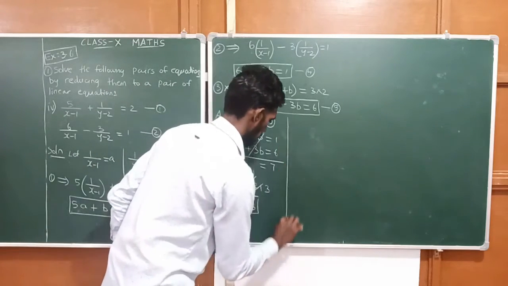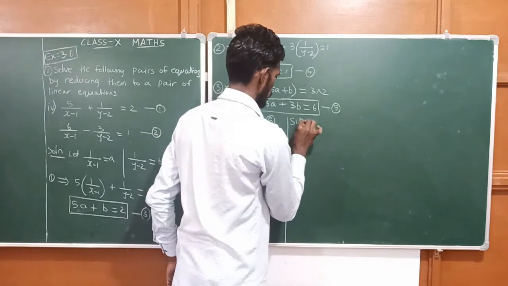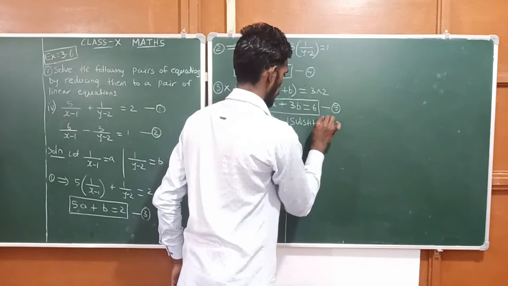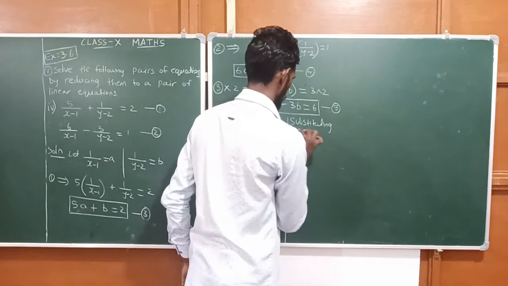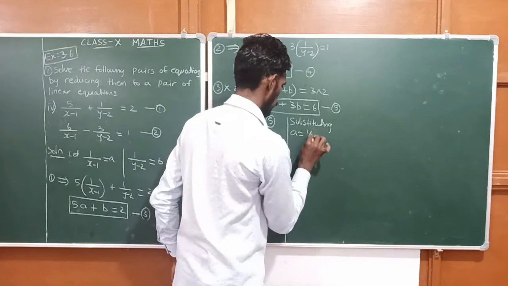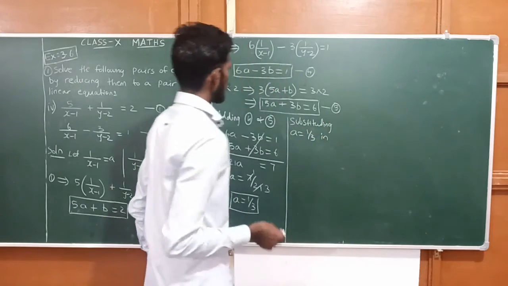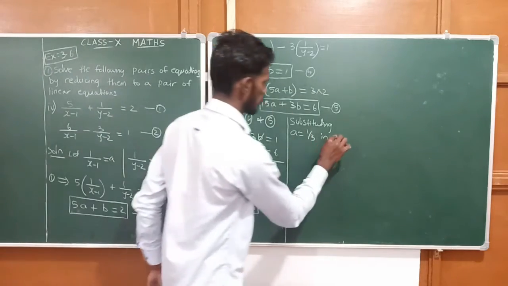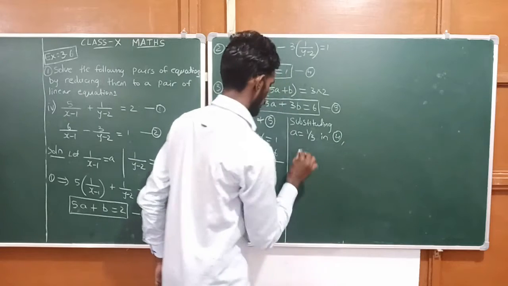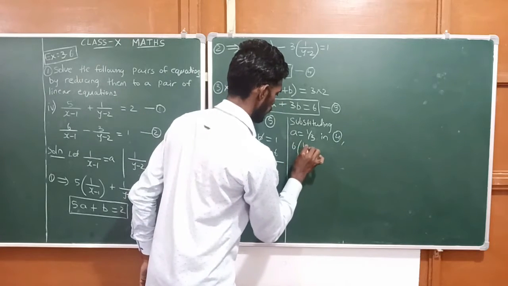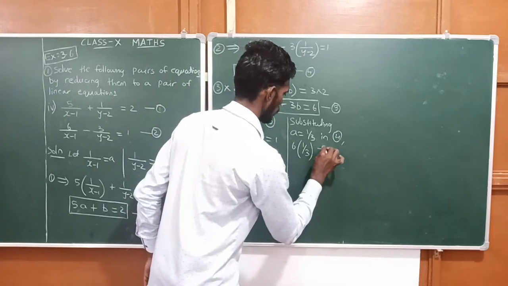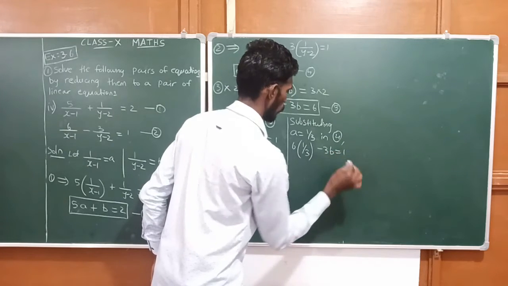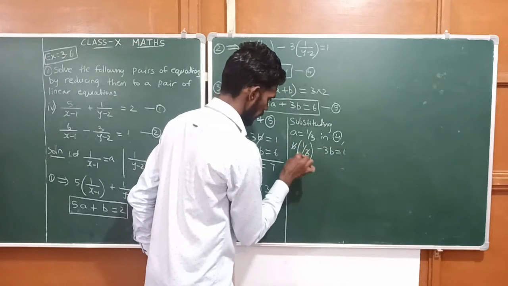Now substituting A is equal to 1 by 3 in equation number 4. So it will become 6 into A, that is 6 into 1 by 3, minus 3B is equal to 1. This 6 and 3 getting cancelled.